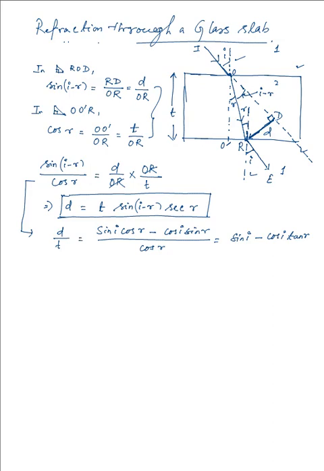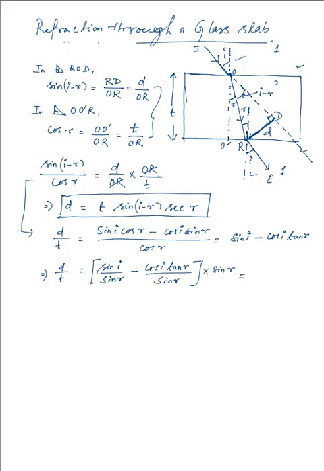So we'll keep d over t on the left hand side and divide the equation by sine r, giving cosine i tan r over sine r. We cannot just do that at our own will. We have to multiply by sine of r as well, because we are dividing by one, so we must multiply by one.